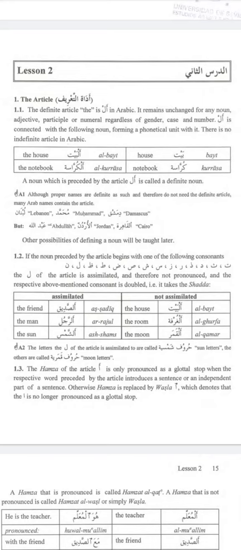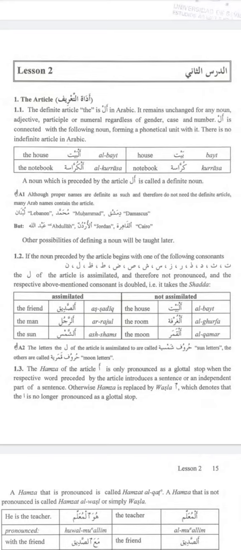Al signifies the definite article of the Arabic word. Tanween signifies that ismun or a particular word is not what? Is not definite, is indefinite. So the definite part of Arabic words is called ma'rifa. The indefinite part of it is called nakira.